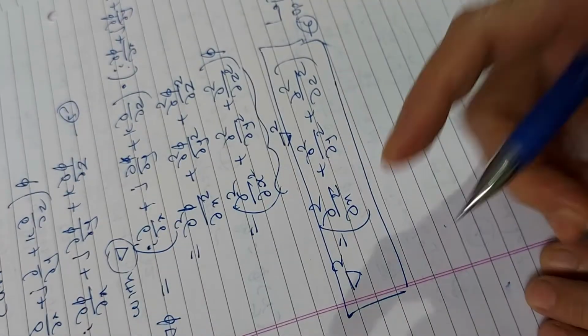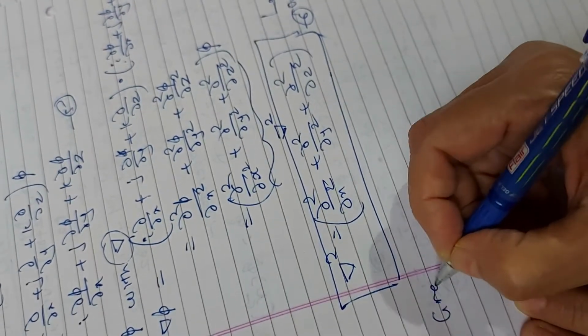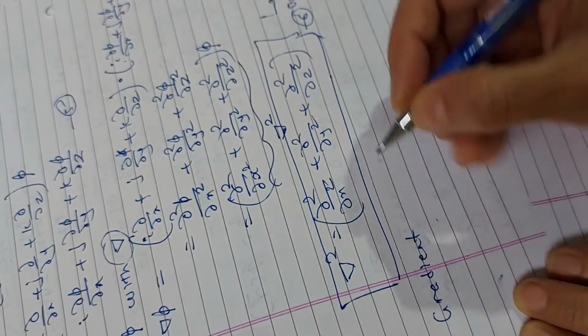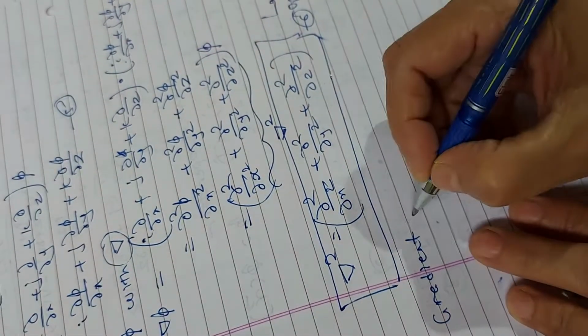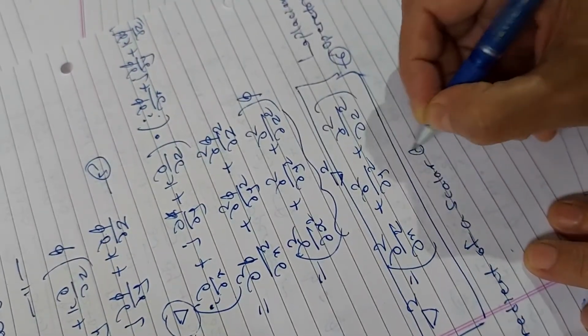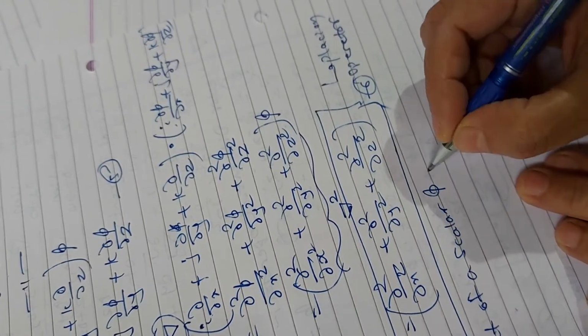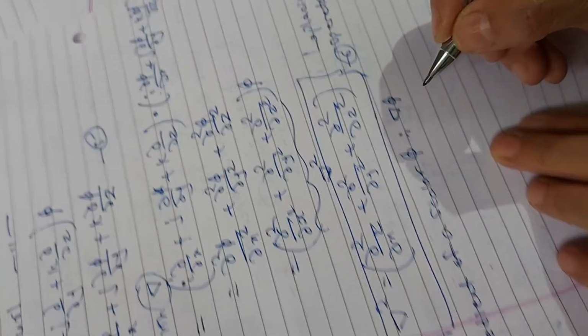Now the next one. Next we'll just define what is called as gradient of a scalar, del phi. That is the first part. Gradient of a scalar phi, which is called as either this. Correct?